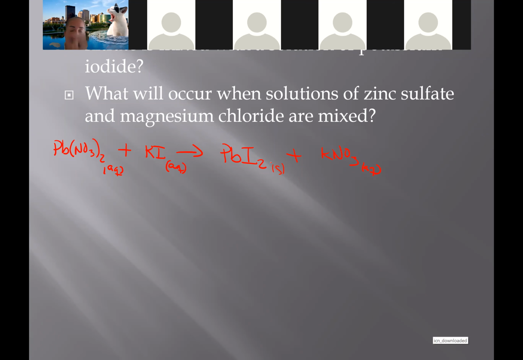You put a 2 in front of the KI on the left side, and a 2 in front of the potassium nitrate on the right side. Okay, and before we start, who should cancel by the end of this process? The potassium and the nitrates.